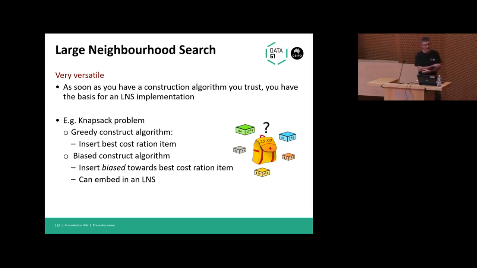So for instance, a knapsack problem. I've got a greedy construct algorithm, which is to insert the best value item into my backpack. In an LNS situation, you might randomize that, using that rand to the y, just to bias your selection.